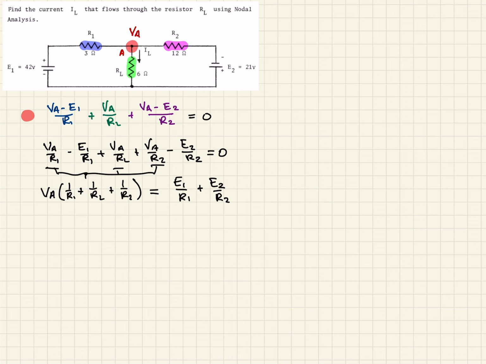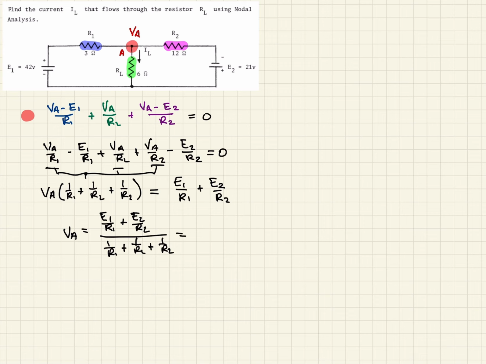And so then VA is just going to be E1 over R1 plus E2 over R2, over 1 over R1 plus 1 over RL plus 1 over R2.